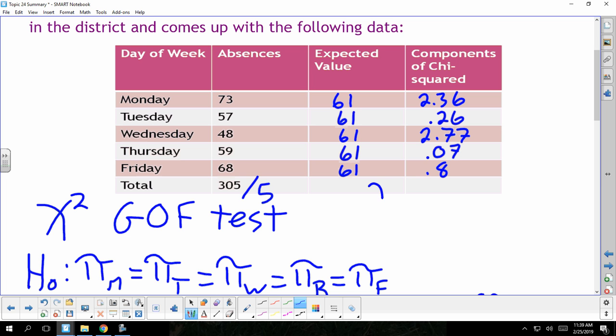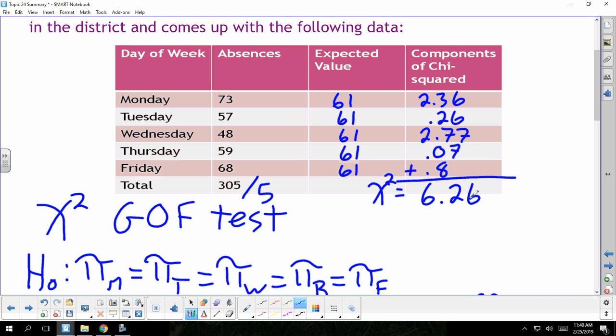And then my chi-squared test statistic is just all of those added together: 6.26. Now I have my test statistic.